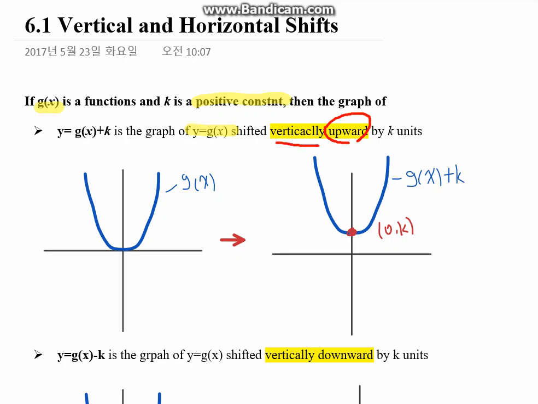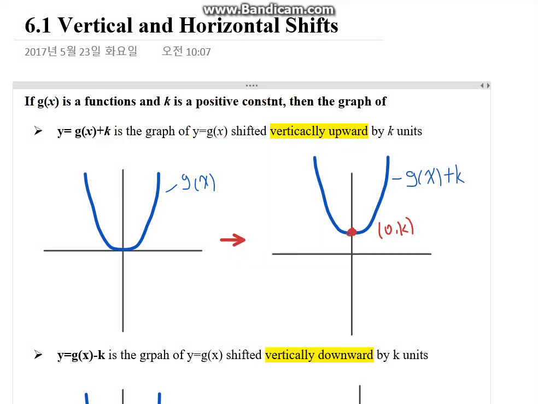So just as the picture shows, if this is y equals g(x), then this is going to be y equals g(x) plus k. Basically, when a shift occurs vertically upwards, a positive number k is going to be added outside the parentheses, so plus 3, plus 4, anything like that.